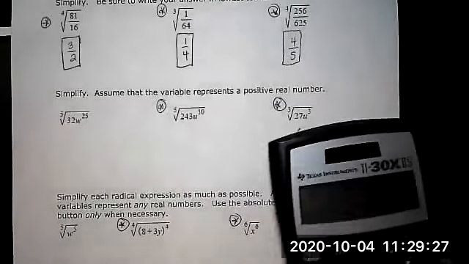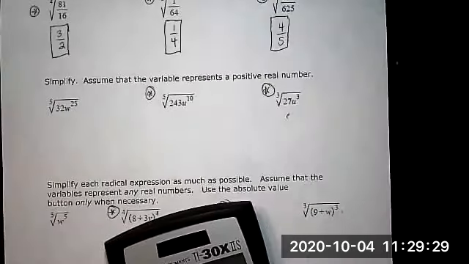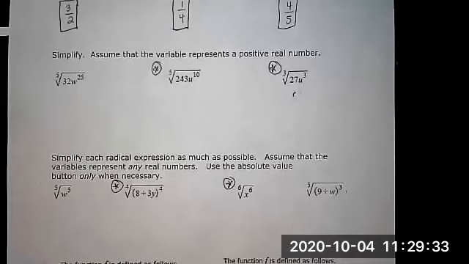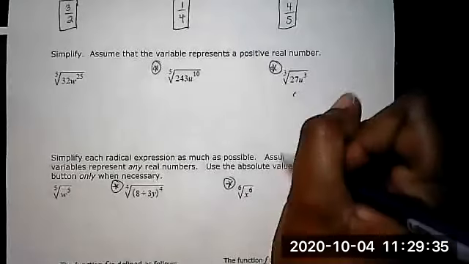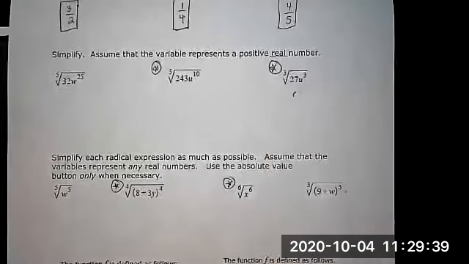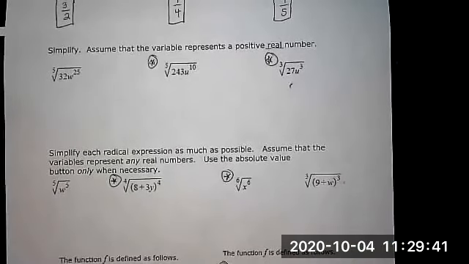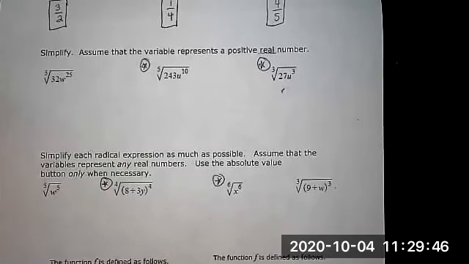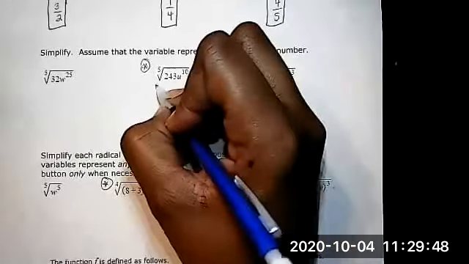All right, so it says simplify, assume that the variable represents a positive real number. Again, they're not going into imaginary numbers yet. They just want to stay in real. Make sure you know how to do all of these, and then we'll go to that. So we're doing the starred values. Let's start here.